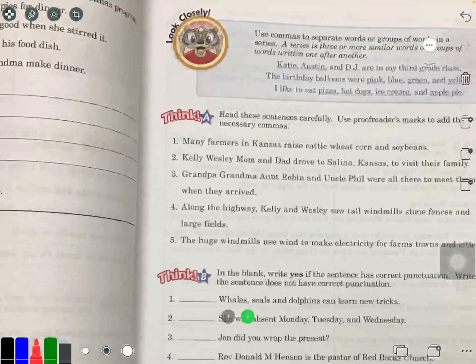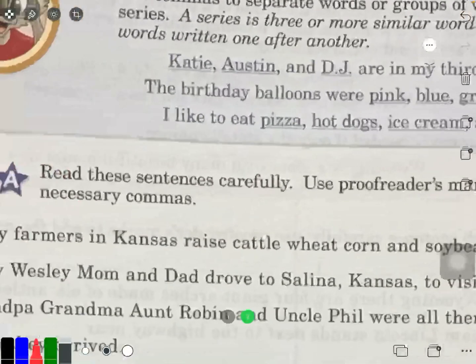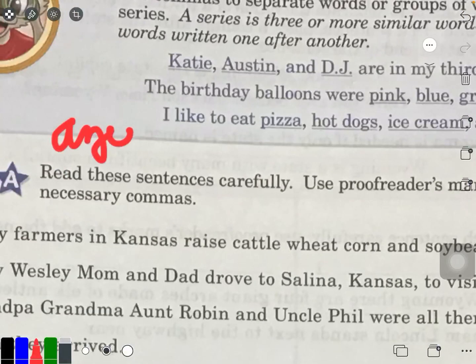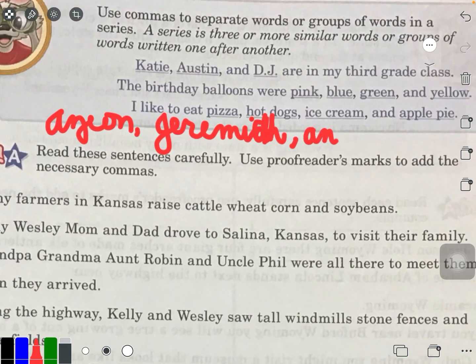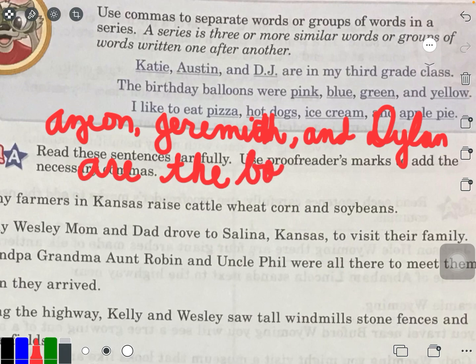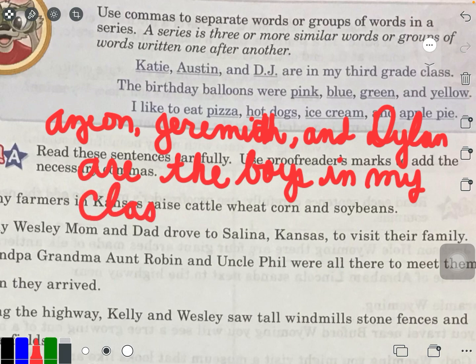I'm going to use another example. Let's say I write something like Azion, Jeremiah. Notice how I'm using the commas when I'm listing them. Oops. Jeremiah, comma, and Dylan are the boys in my class. So notice how when I listed these things, these names especially, I used commas.